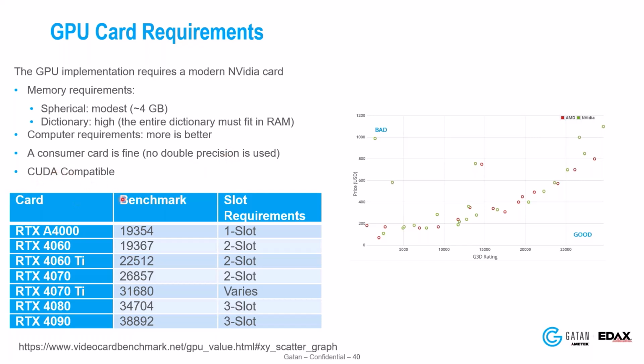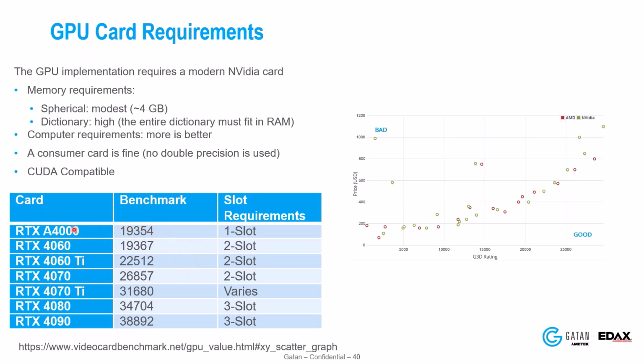Again, CUDA compatible. This is just a table that I put together using the latest of the NVIDIA RTX 4000 series cards. And we use this GPU benchmark here, looking at the G3D rating as a numerical metric of performance.